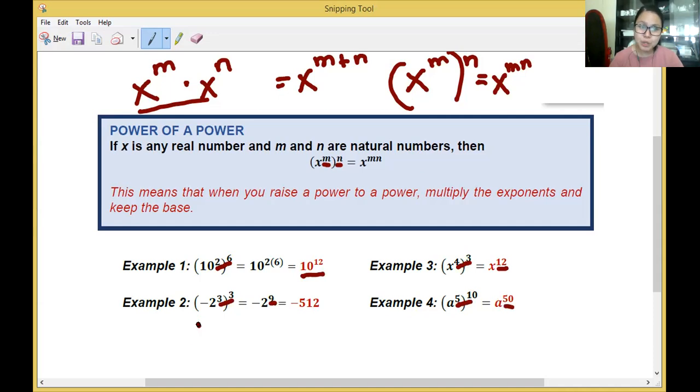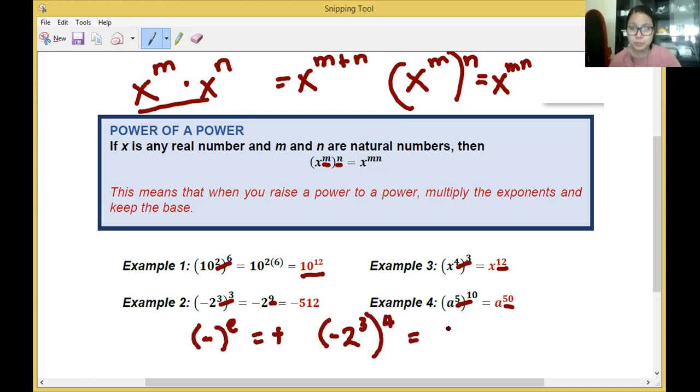But remember, if a negative number is raised to an even exponent, the answer is positive. Example, if negative 2 to the third power is raised to the fourth power, then the answer will be 2, that becomes positive, then to the power of 12.